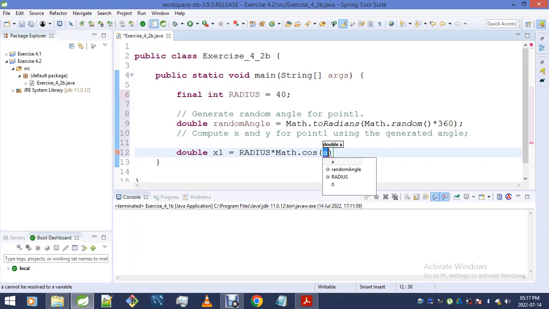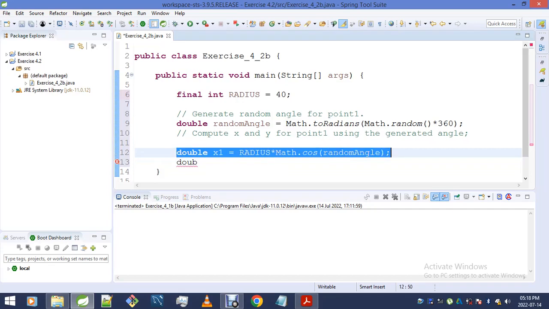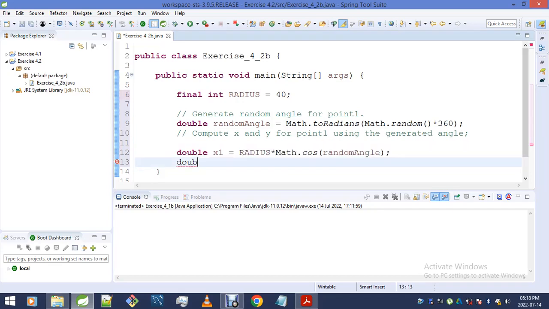I'll pass it the random angle, because these trigonometric functions use angles in radians, right? So now let me compute y, the y value. The only thing that I would have to change is from cos to sine.